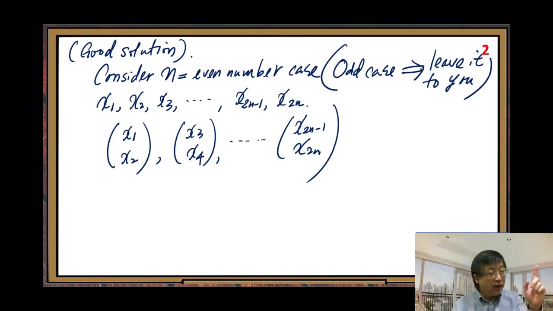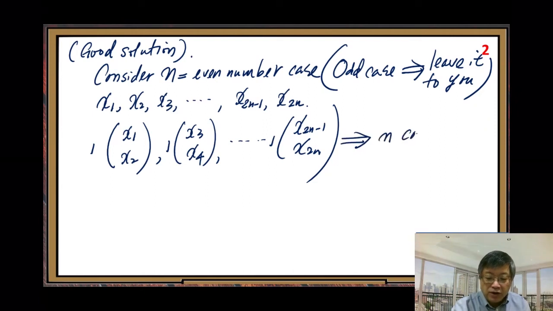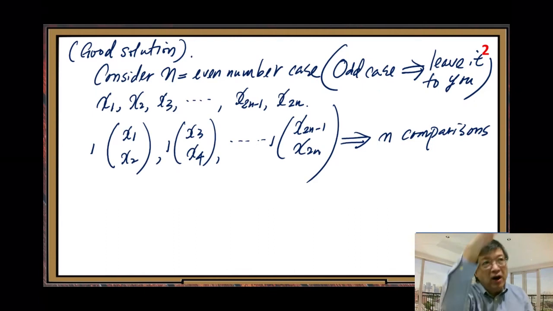Then each pair we do one comparison, right? Each one comparison. That means we need to do n comparisons to get the smaller elements and the larger elements.